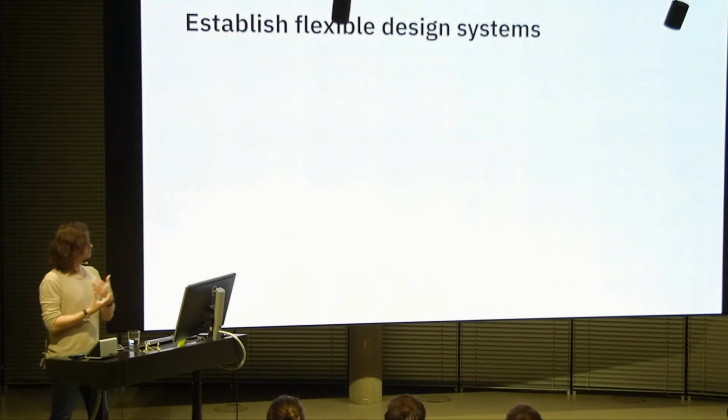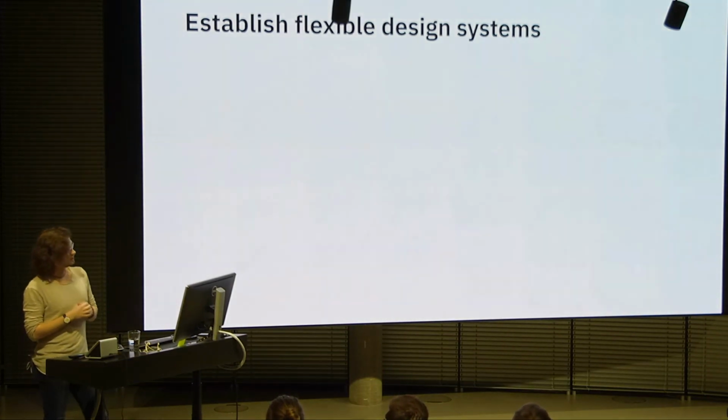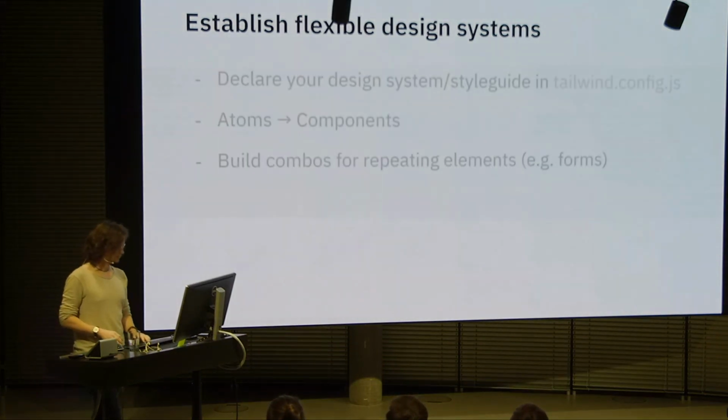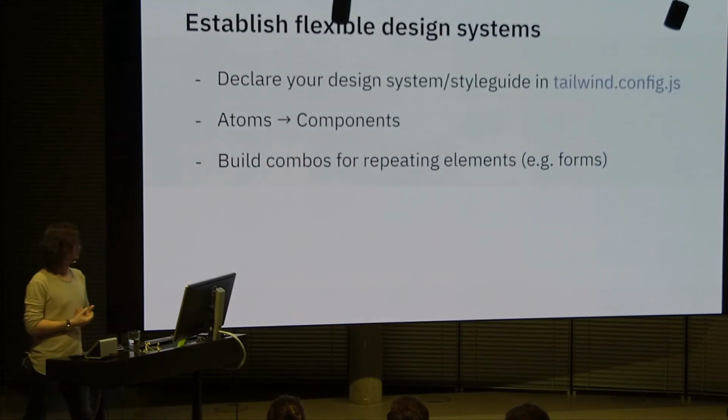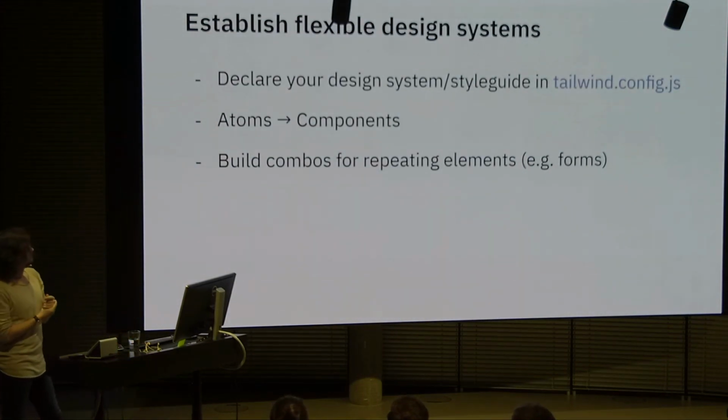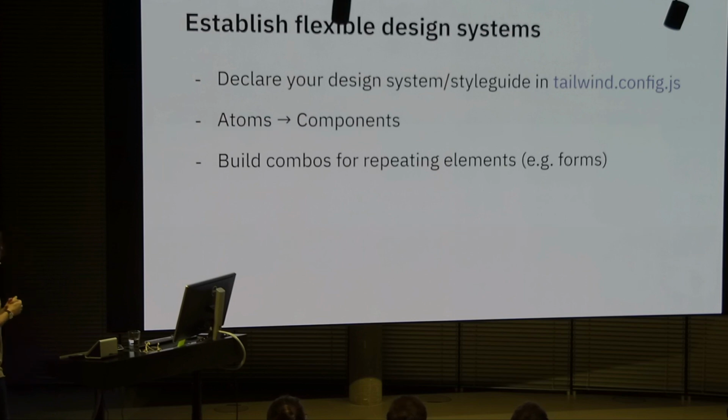What this also enables us, we can really establish flexible design systems with that, because it's utility based. I'm going to show you later how this worked out for us in the project. So you declare your design system, your style guide.